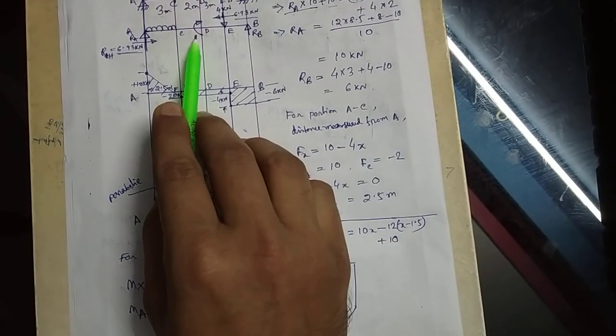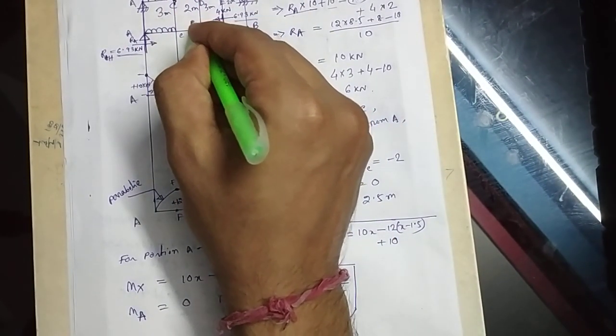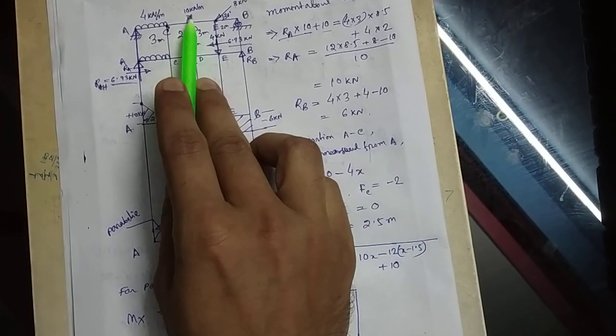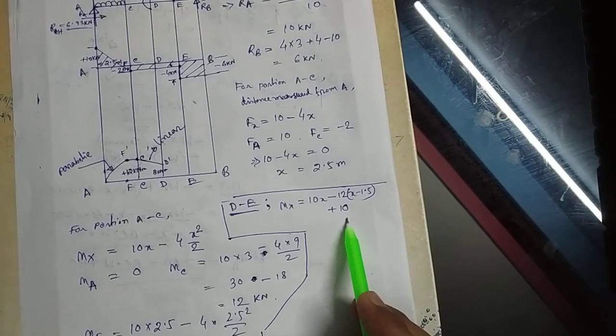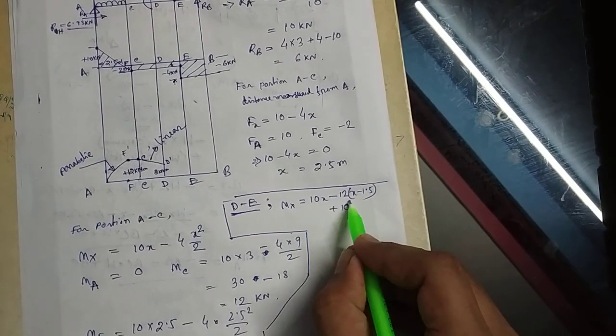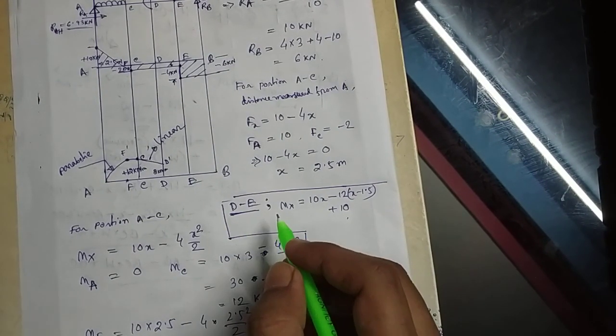Because of this 10 over here, this value is 10 kilonewton meter. Here this was 10 kilonewton meter, so that 10 will be added over here. Okay, if you look at it, it is a linear equation, so again it will be linear.